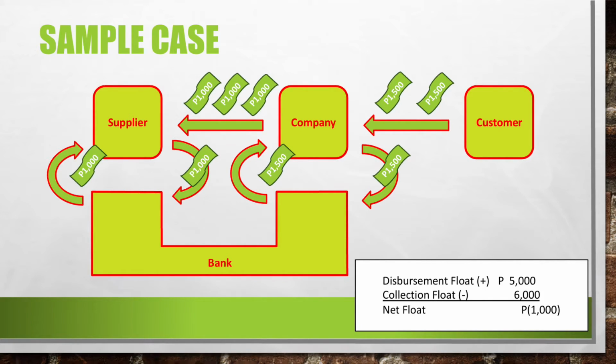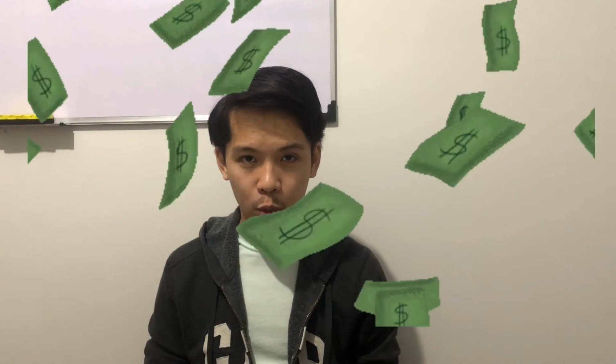The net float is negative 1,000. What can be done with the amount of funds that become available if we're able to speed up the collection or delay the disbursement? Well, we can use the funds for investment or payment of debts.